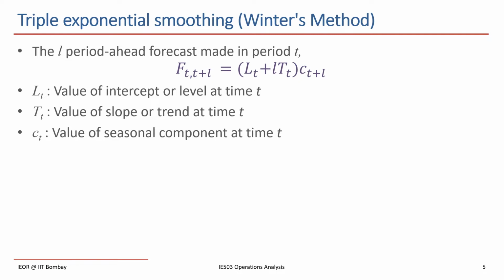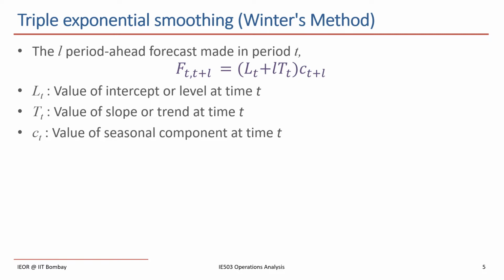Let's directly jump into the method of triple exponential smoothing. It is an extension of Holt's method of double exponential smoothing. As you can see, the L-period-ahead forecast made in period t, F_t,t+L, is given as L_t plus L into T_t into C_t+L.